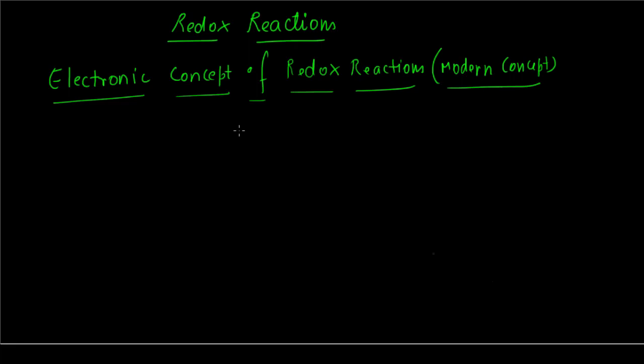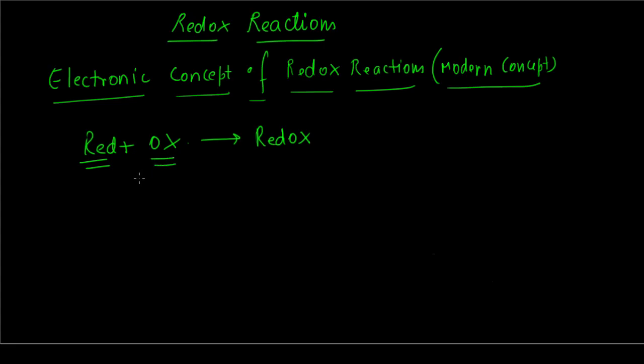So in the last video, we looked at the general classical concept of redox reactions. We looked at how redox reaction is basically reduction plus oxidation. So when we have reduction plus oxidation, it gives us redox reaction. So this is what we learned in the previous video. We saw that reduction has a classical definition of addition of hydrogen or an electropositive element, or removal of oxygen or an electronegative element.